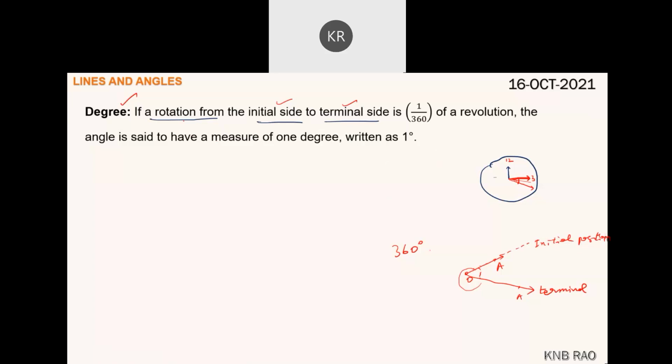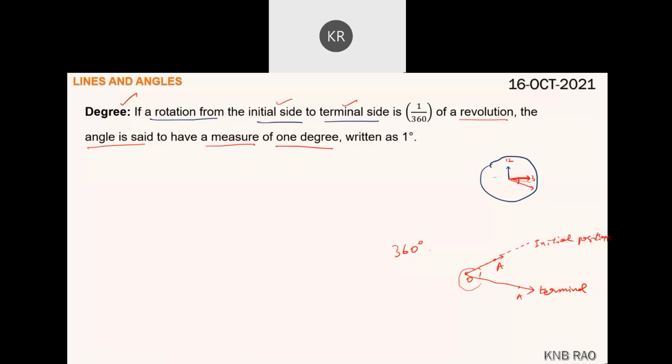If the rotation from the initial side to the terminal side is 1 upon 360th part of a revolution, the angle is said to have a measure of 1 degree. You know what is revolution? Revolution is a full and complete turning and coming back to the initial position. Am I clear to you all? Yes, sir. So one complete rotation is a revolution, and 1 by 360th part of it is called 1 degree.